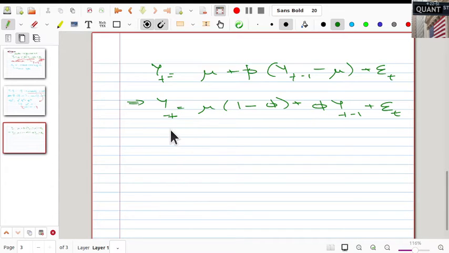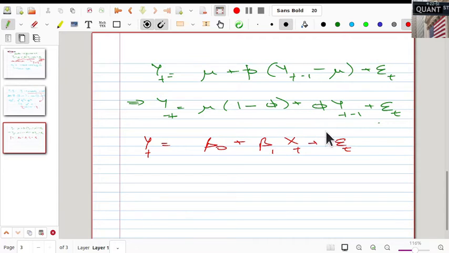So this equation is equivalent to a linear regression equation. A general linear regression equation looks something like this: beta 0 plus beta 1 times xt plus epsilon t.